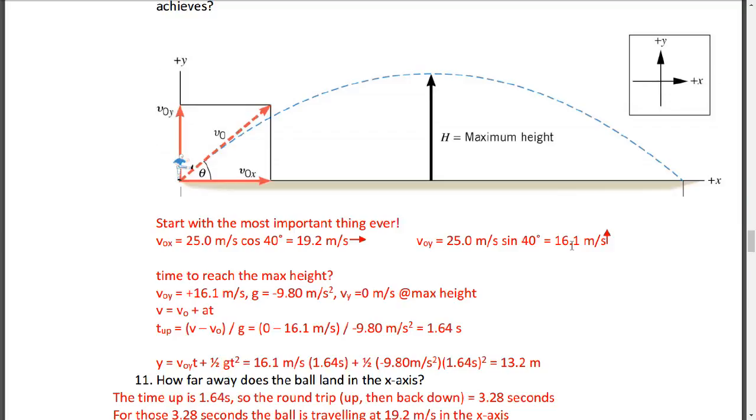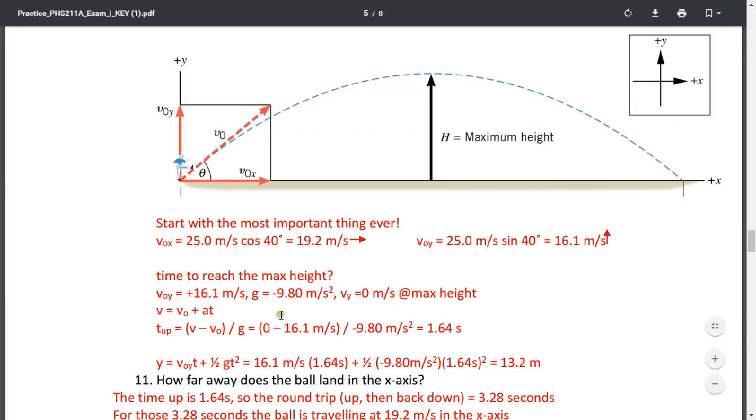So what is the time it takes for the ball to reach its maximum height? Well, I know I can figure that out because I know the initial y-axis velocity is 16.1 meters per second. I know the acceleration due to gravity, and I know when the ball reaches its maximum height, it will have an instantaneous velocity of 0.